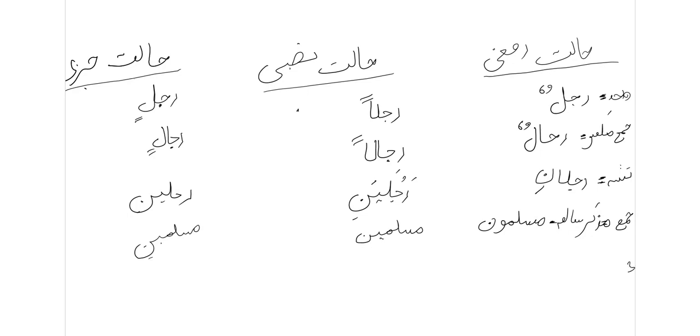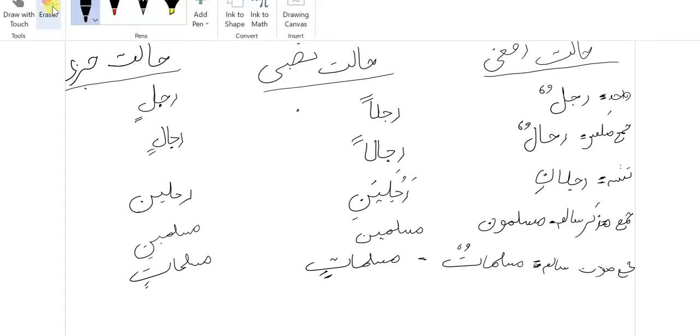Then we have jama muannas salim. In halat rafi, the I'rab of jama muannas salim is with damma, muslimatun. But in halat nasbi and jarri, its I'rab is with kasra, like muslimatin. So these are the I'rab of wahid, tasniya and jama.